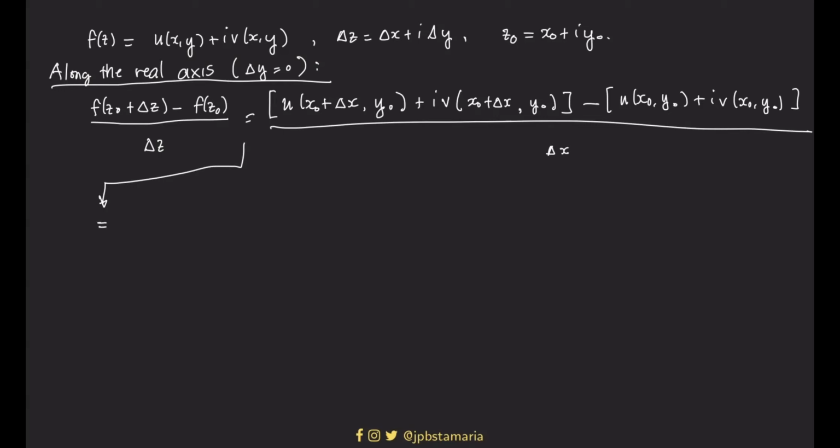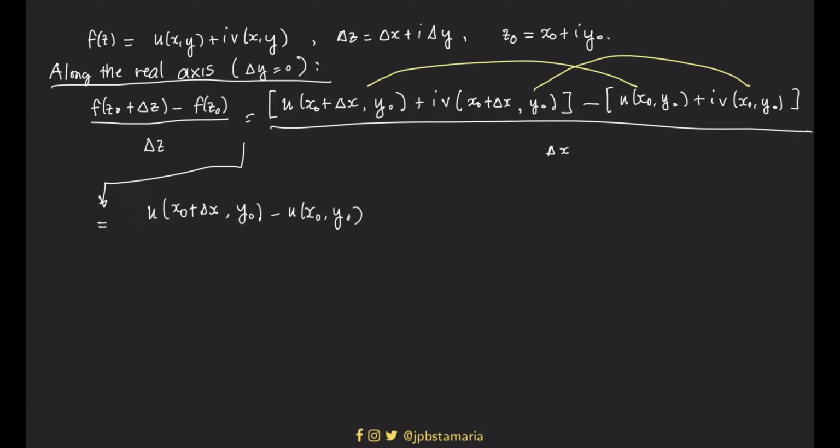Pagsasamahin ko yung dalawang terms na ito, tsaka yung dalawang terms na ito, yung mga real part, tsaka yung mga imaginary part. So, magiging ganito siya. Yung mga real part, magiging u of x naught plus delta x, comma y naught, minus u of x naught y naught.